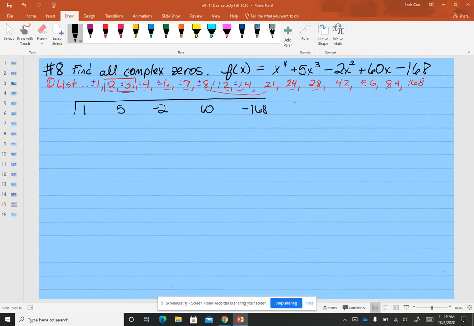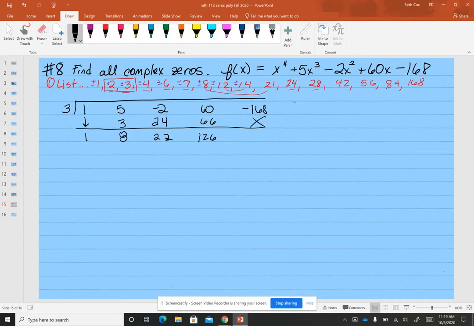The hint was to try 2 or 3, so we'll start with 3. That gives me 8, and 22, and 66. This is not going in the right direction, so I don't think 3 is going to work here.